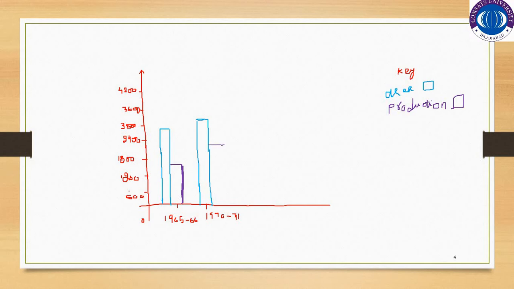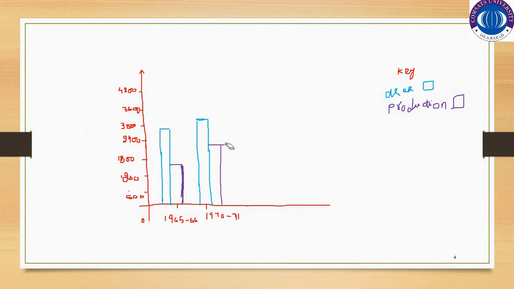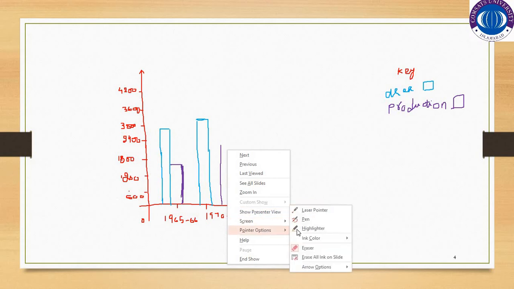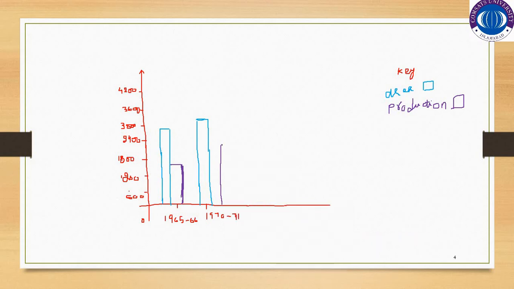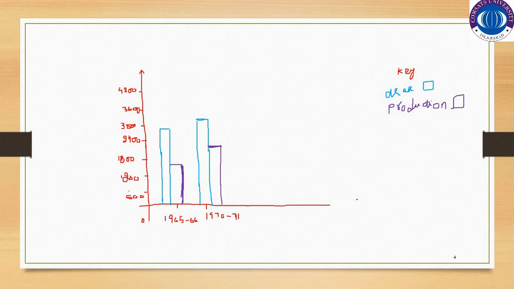So this is the bar which represents the production of the cotton for the year 1970 and 71. And the next year is 1975 to 76.